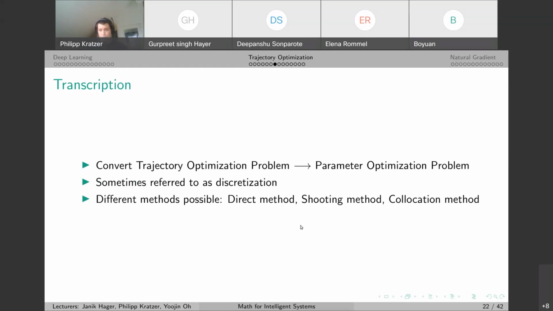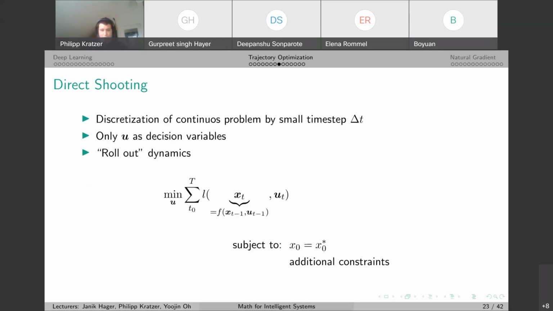And this is also often what we refer to as discretization. And there are different methods possible, like the direct method, the shooting method, collocation method, and I will talk about this in a second. So this is for when we have a continuous time problem and we want to convert this into some parameter optimization problem. If we start from the beginning with some discrete system equation, we don't have this transcription step.